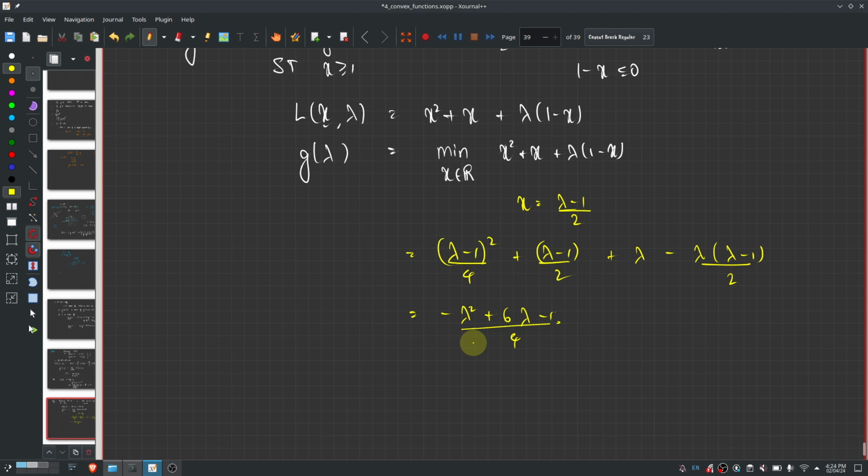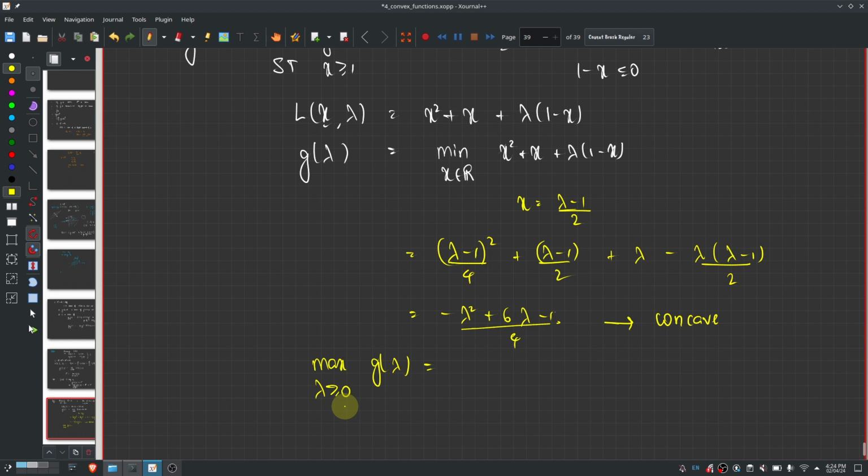Quadratic, so it is concave, right? It's concave. So what is the maximum over all lambda greater than or equal to 0 of g of lambda?